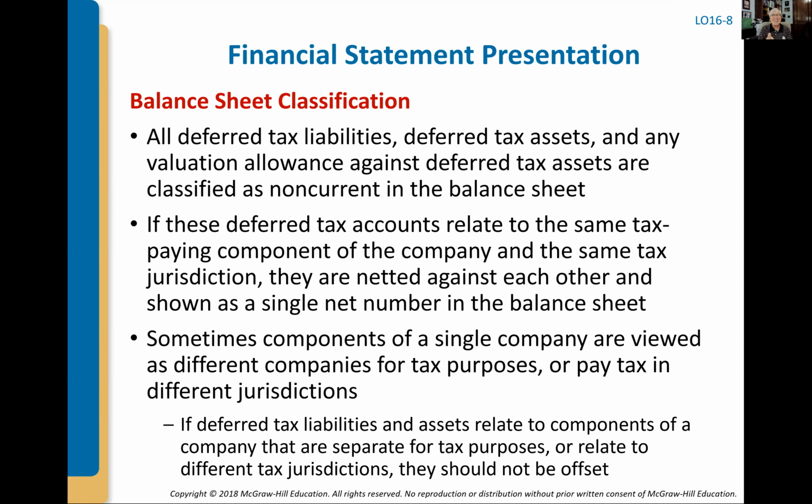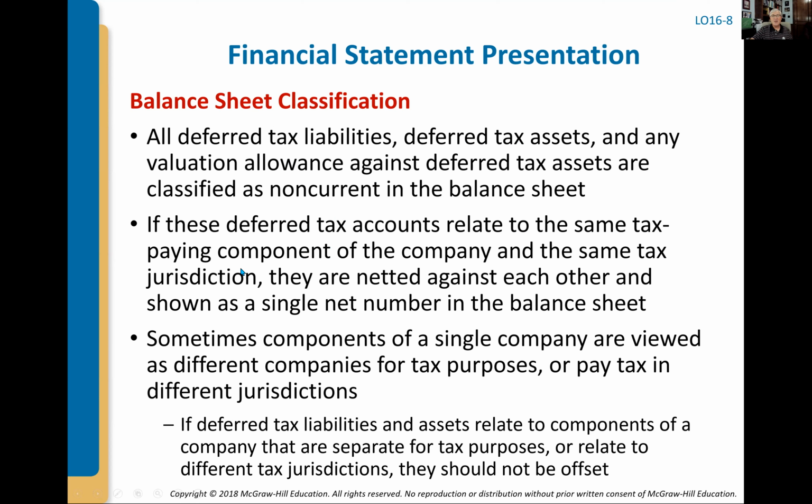So that was just a crazy amount of work to go through every difference and see what's going to happen in the next year. And so they said, forget all that. Nobody cares whether it's current or long-term in this case for DTLs and DTAs. And so just put them all in non-current. And so that makes it easy. You can definitely get a multiple choice question on that, especially because I love that.